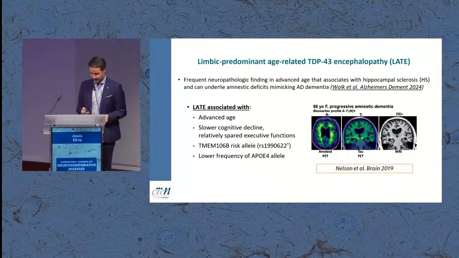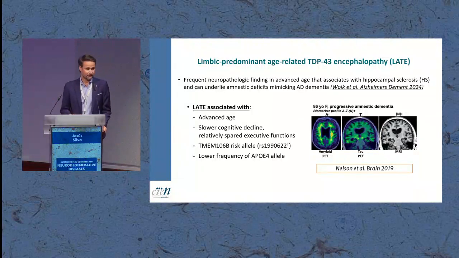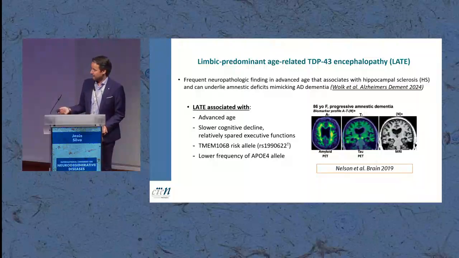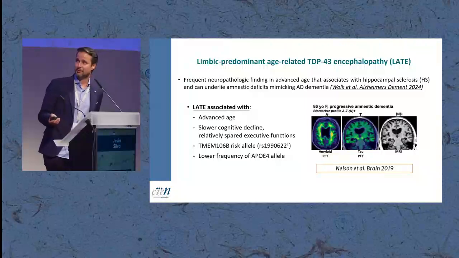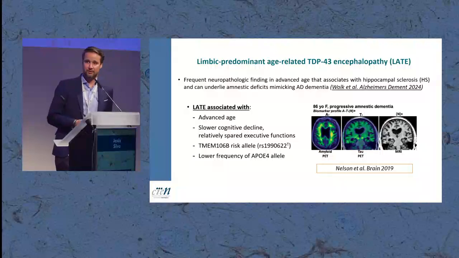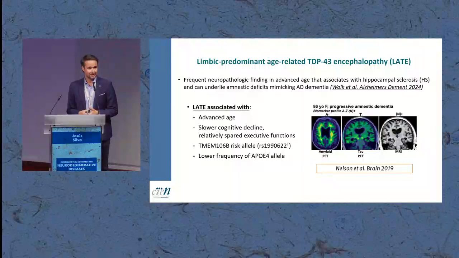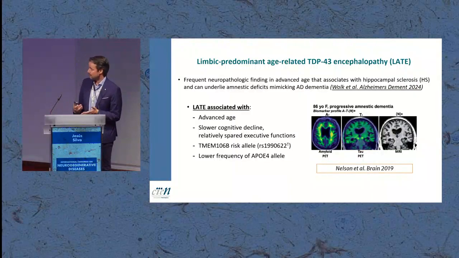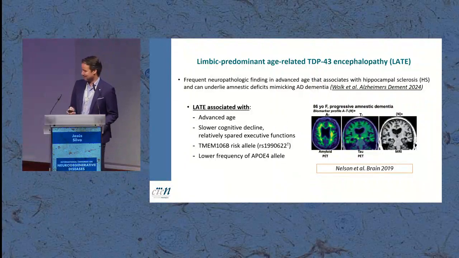And in terms of genetics, we expect a lower frequency of the APOE4 allele and an enrichment of TMEM106B, which is a gene that is associated with other TDP-43 pathologies, and that was very deeply discussed in the morning.